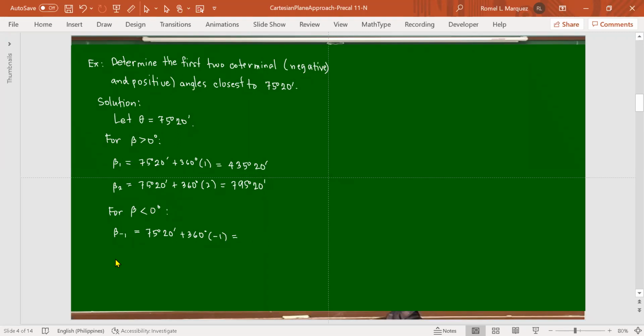What about for the first negative that is closest? Negative 75 degrees plus 360 times negative 1 for the first one. Then the second one, times negative 2 to the 360. What's the answer?